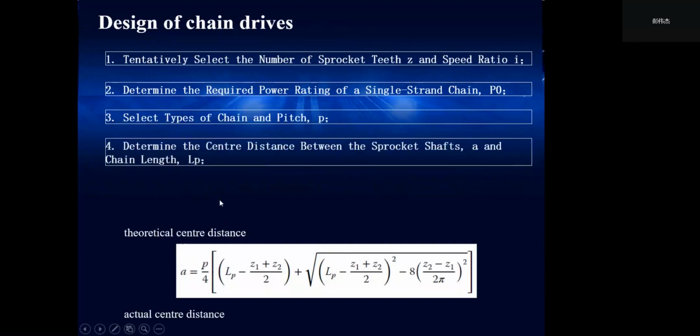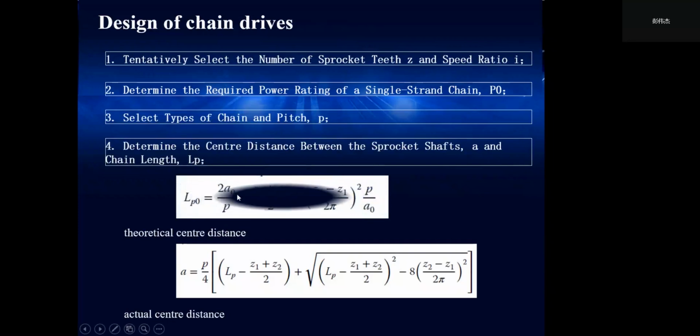And then determine the center distance between sprocket shafts and the chain length LP, and LP is obtained from this formula, and LP should be integer, and the theoretical center distance can be obtained from this, and then the actual center distance should be modified.